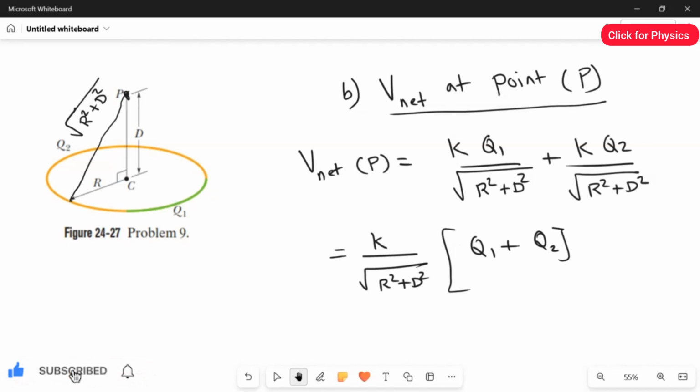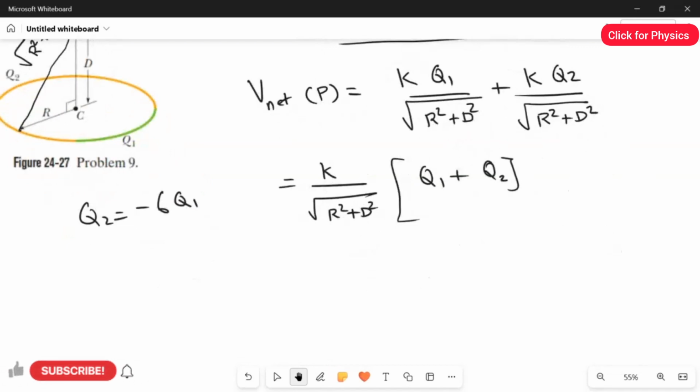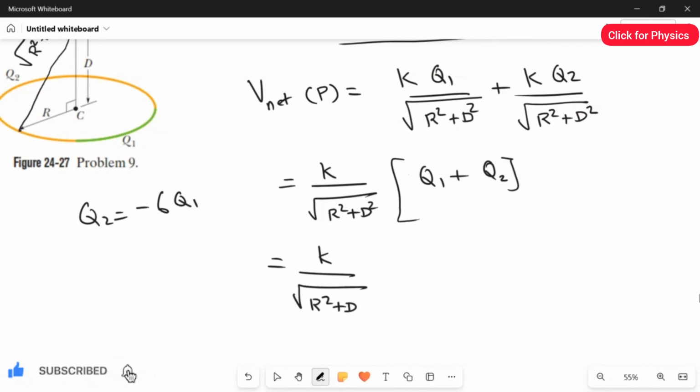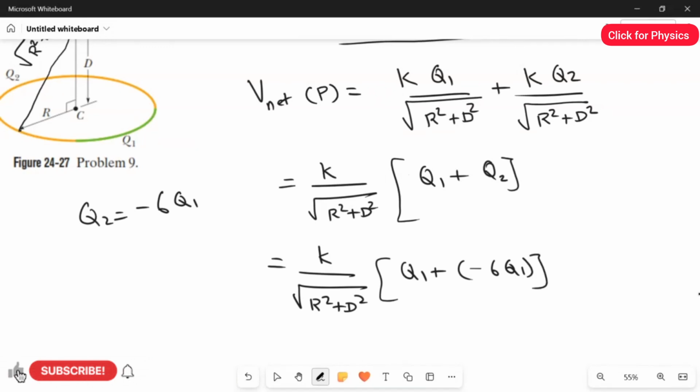As we know, Q2 is equal to minus 6 times Q1, which is already given in the question. So I have to substitute the value of Q2 here. K over root of R square plus D square, inside the bracket Q1 plus minus 6 Q1.